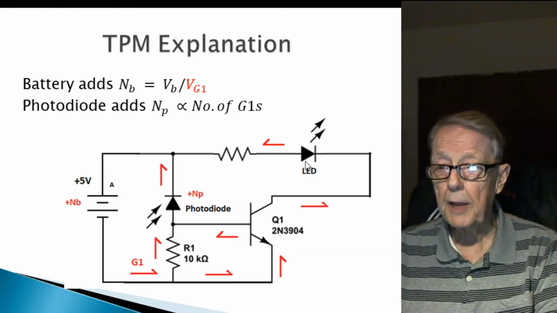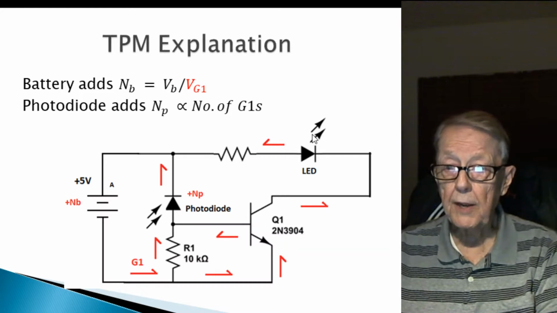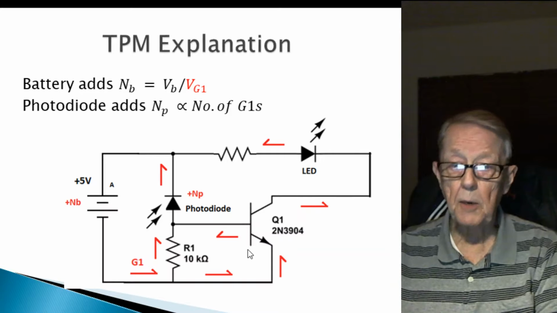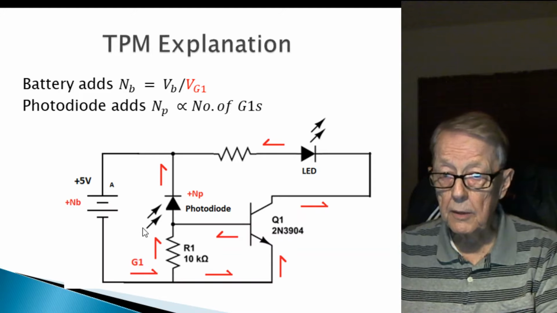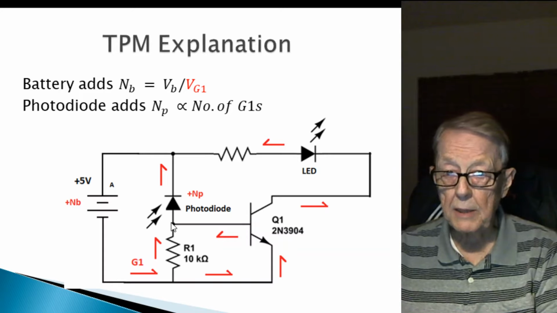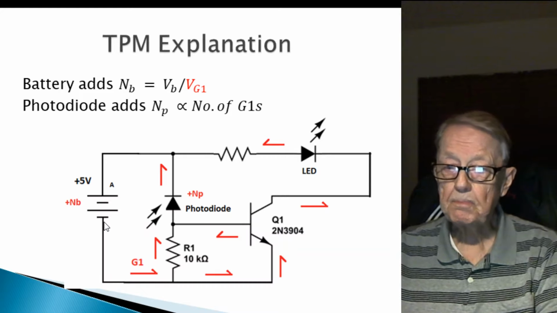And if that pattern is a red wavelength, this is a red LED, you'll have red light coming out. But it's actually random light, white light with a red, white, blue pattern coming in a messy type of mix, G1s coming in, G1s going out.